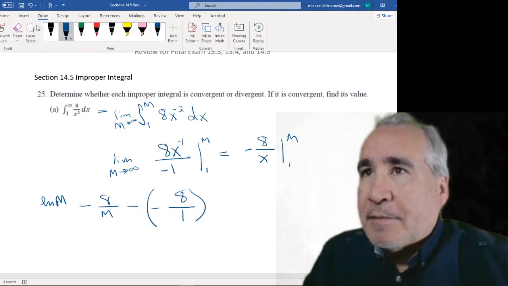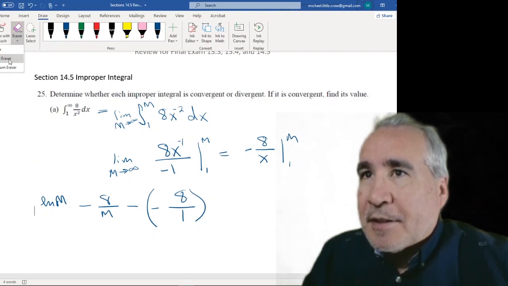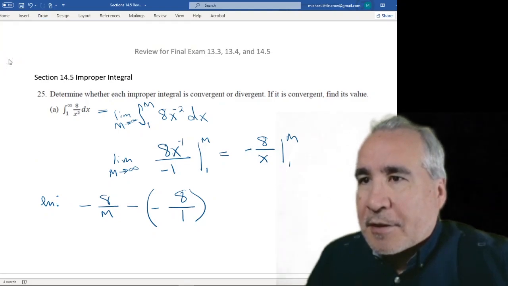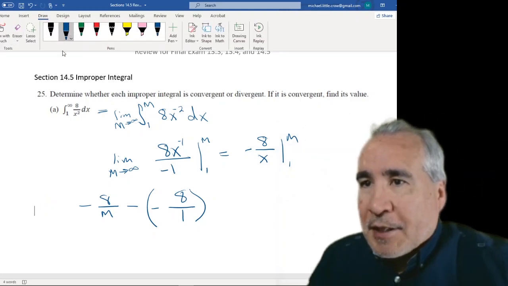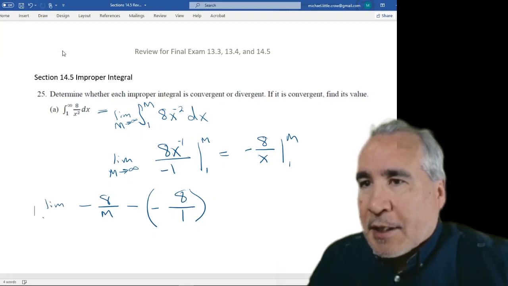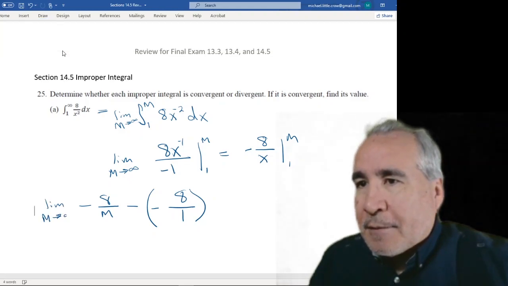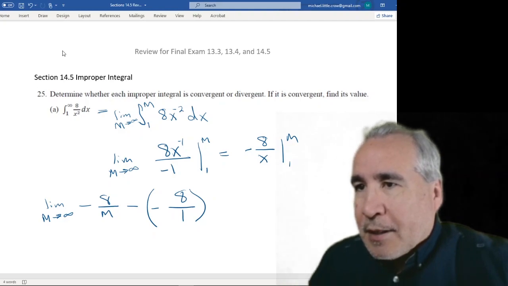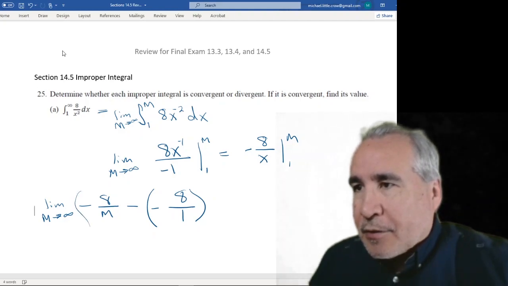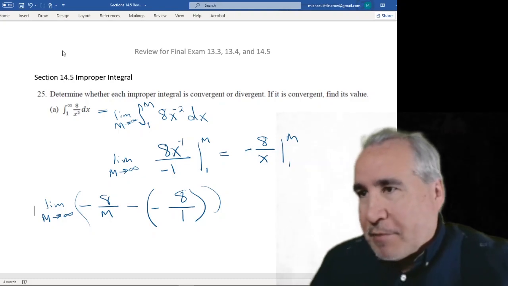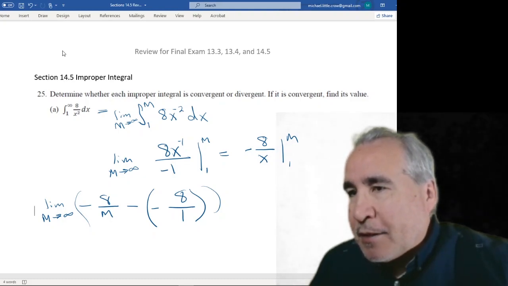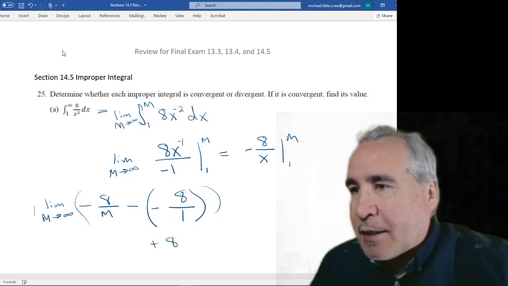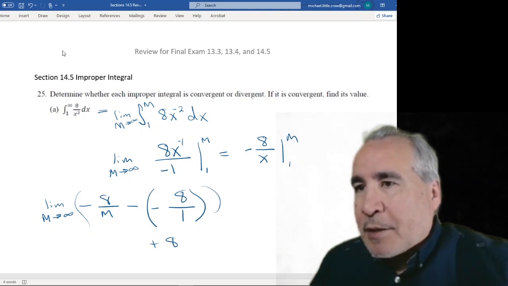Let's make that a little nicer. We're dealing with the limit as m goes to infinity of this whole thing. This last part is just 8 divided by 1, which is 8. We've got a minus and a minus, so that's plus 8. Now let's decide what happens here.